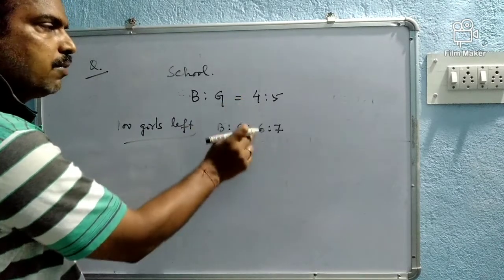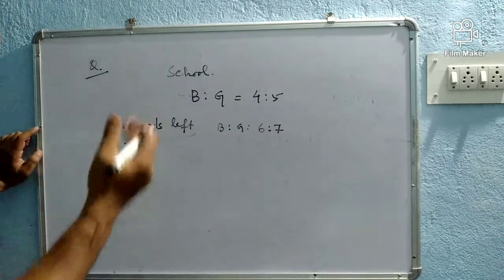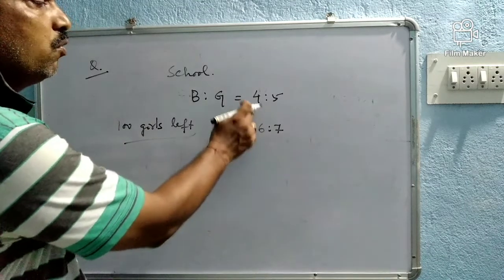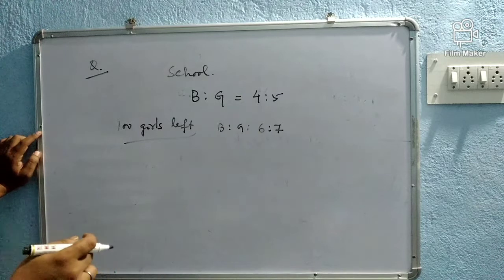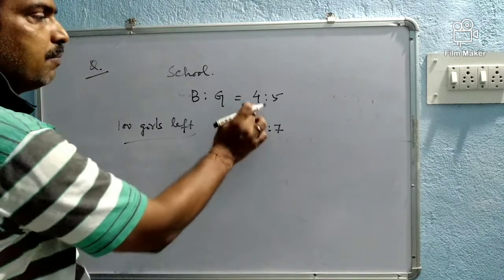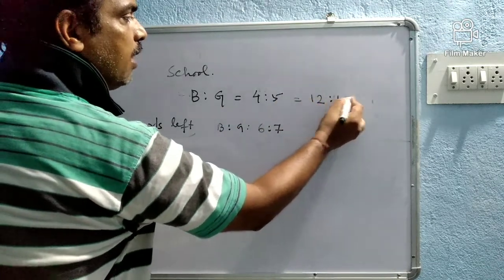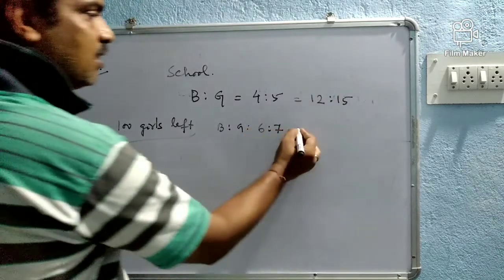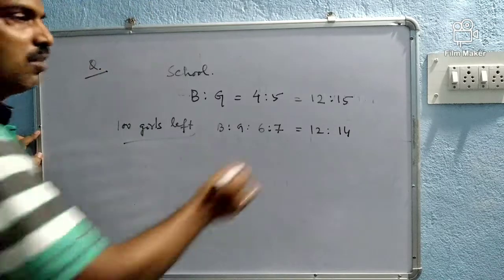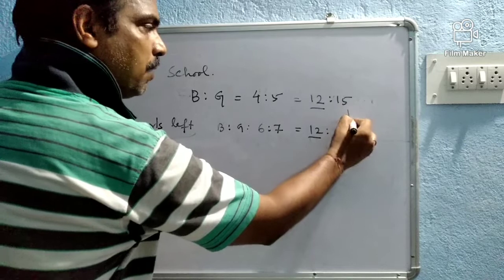Boys should be made equal, 4 and 6. So how can it be made equal? We'll have to take the LCM. What will be the LCM of 4 and 6? 12. So we first have to convert both to 12. If we make this 12, it will become 15. If we make this 12, it will become how much? 14. Okay, so look, boys became equal, but girls are 1 part less.